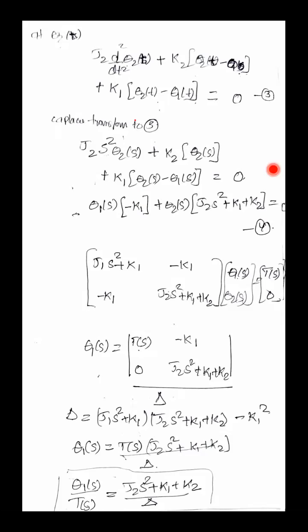If I take theta1 of S separately, it has a term minus K1. Theta2 of S has a term J2 into S square plus K1 plus K2, which is equal to 0. So now we write this in matrix form.